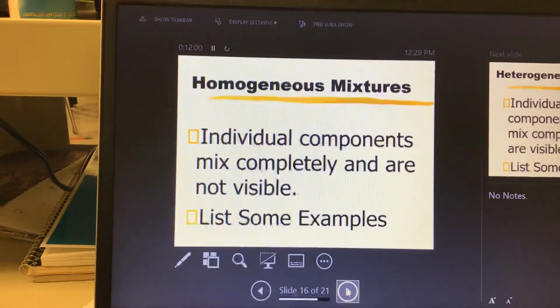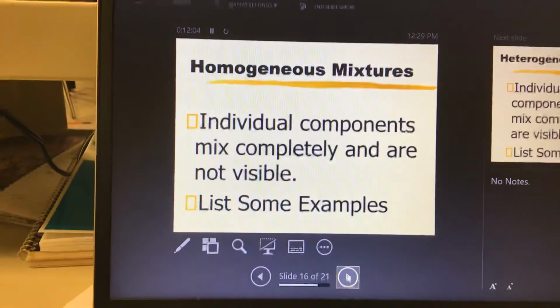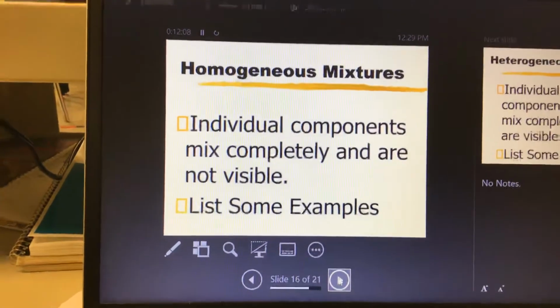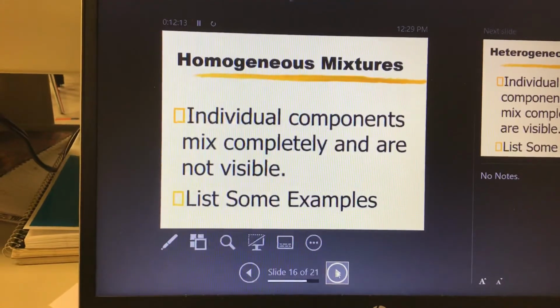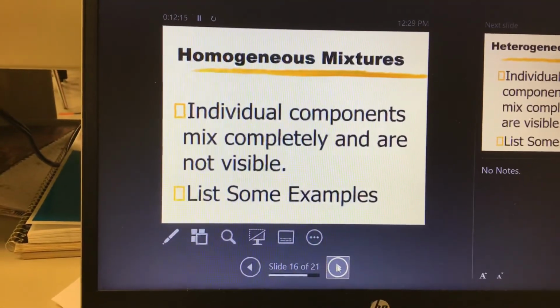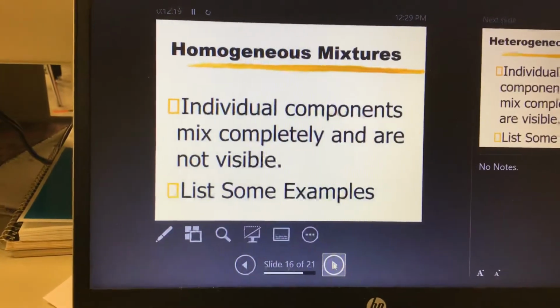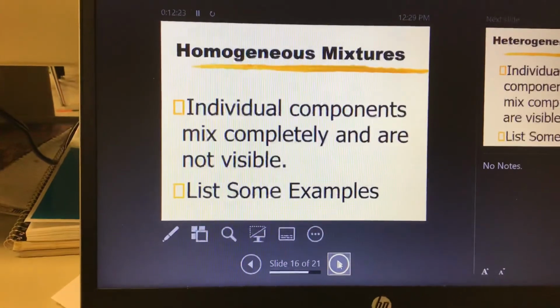The prefix homo means the same, which means everything mixes together evenly. If I go get a Mountain Dew from the teacher's lounge, okay, the Mountain Dew, the first sip and the last sip are exactly the same. Everything, all the sugar, all the ingredients are evenly mixed. Okay, it's not like the good stuff floats to the top or sinks to the bottom.